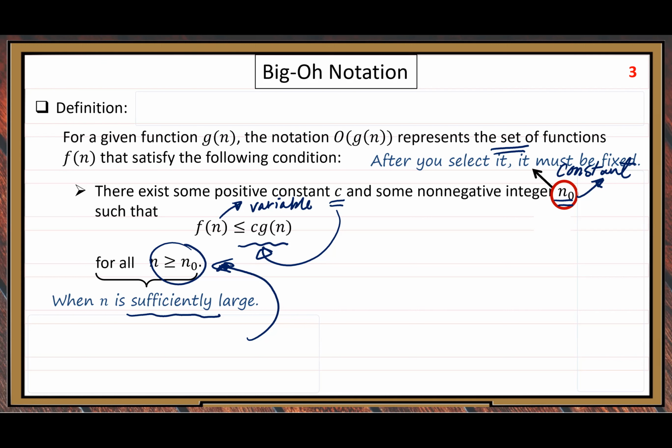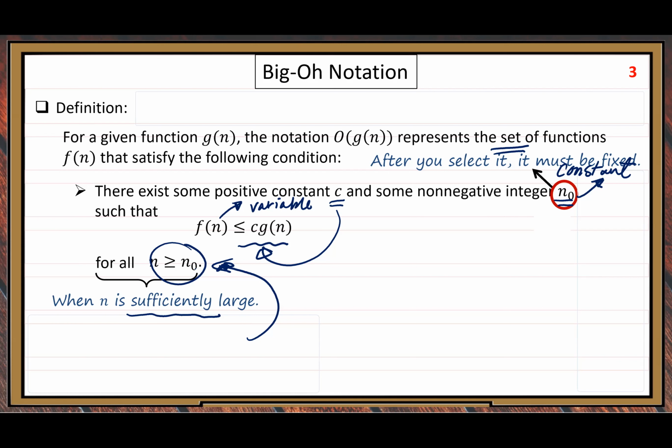But you need to find it first. Okay? You need to find that N0 first. After you find it, now you have the definition of sufficiently large. When N is greater or equal to this number, we treat as sufficiently large. When N is less than this number, we treat not sufficiently large. That's the exact meaning.